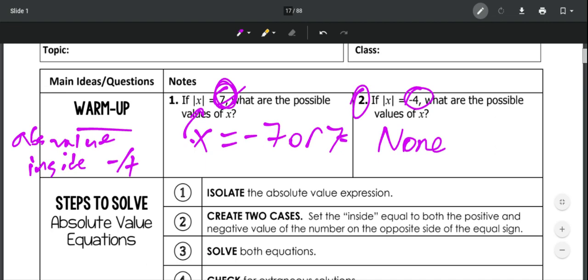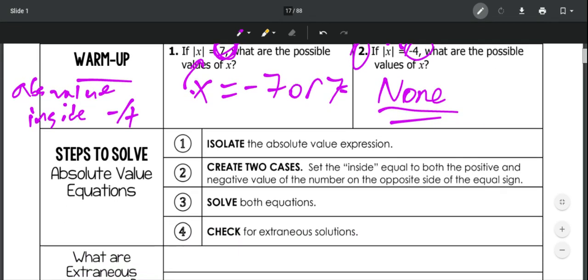Now, if it asks for what x is, like it did in number 1, that can be negative or positive. But when it comes out of the absolute value sign and it is equal, it can't be. So that's going to be none. So that's just a little warm-up to get you reminded of what absolute value is.